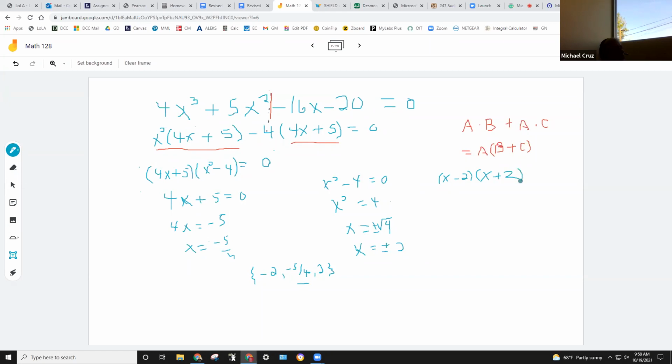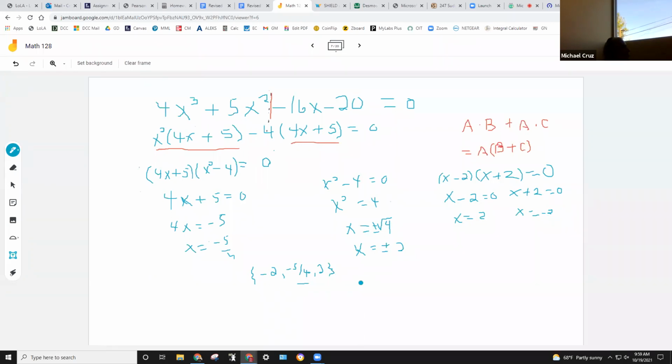Either way will work. The way I showed you right there technically is the square root property, but they both get you to the same place. So here are your solutions. Okay, so we got 2, negative 2, and negative 5/4.